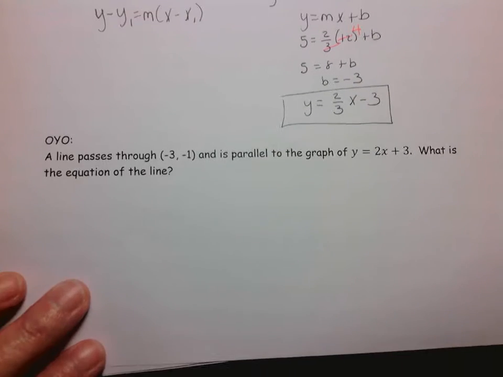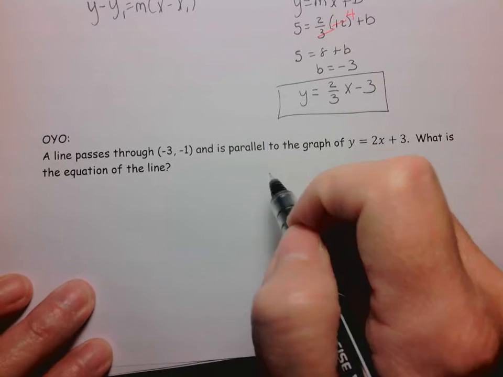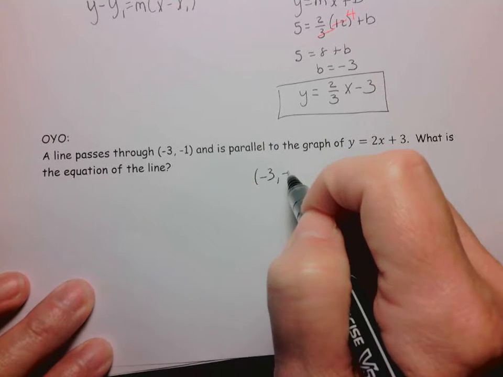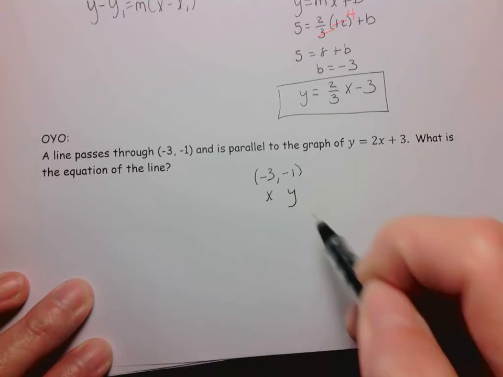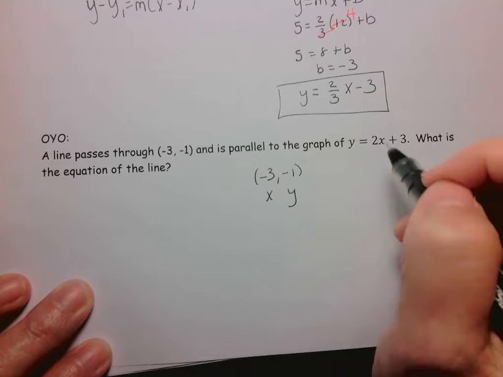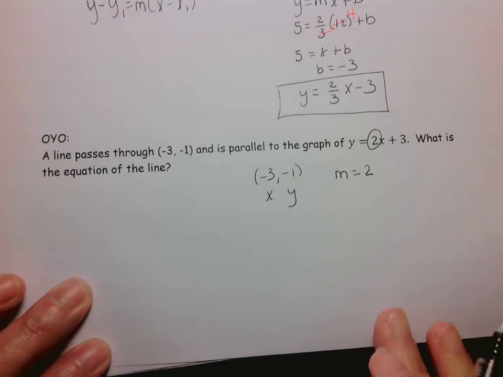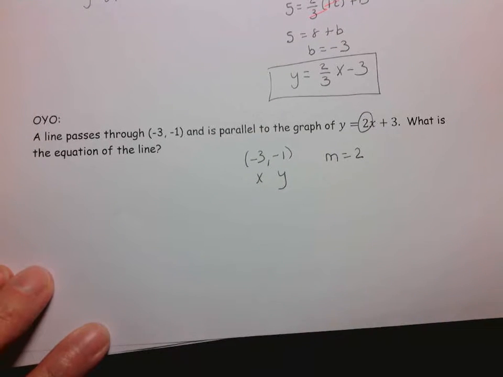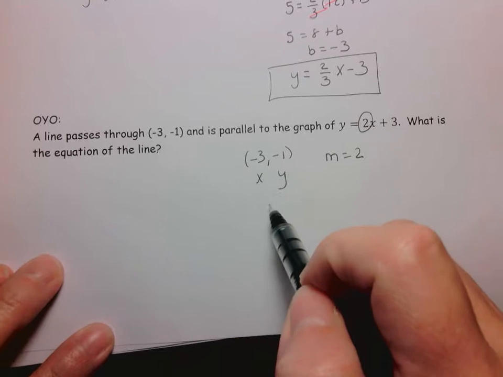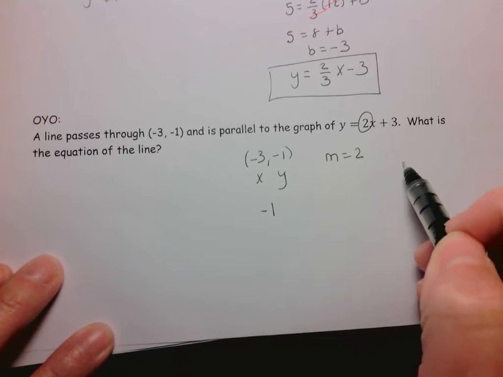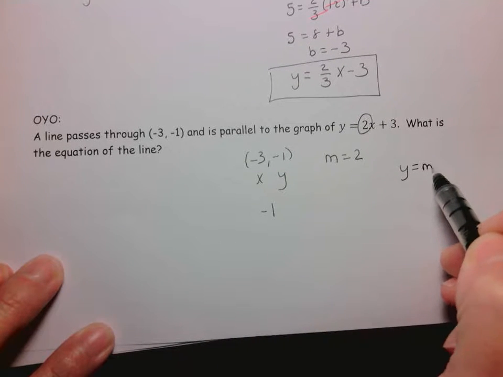Okay, let me work this out for you. A line passes through this point, so I have an xy coordinate, and I know it's parallel to this line, so I know the slope is going to be the same. So now what do I do? I'm going to go ahead and plug it into this equation.